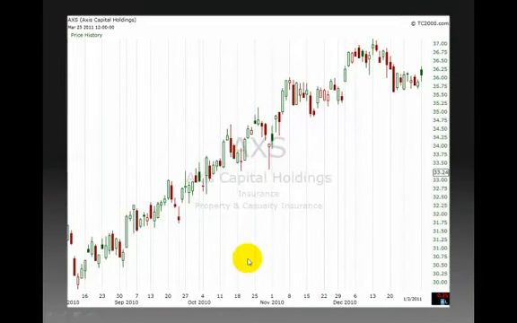Alright, the first chart we're going to look at is Access Capital Holdings, and as you see here, we have a nice trend starting from August 2010, and it topped out in December of 2010. But I just want to show you the trade entries we use with candlesticks and the methods that are taught in Candlestick Trading for Maximum Profits.